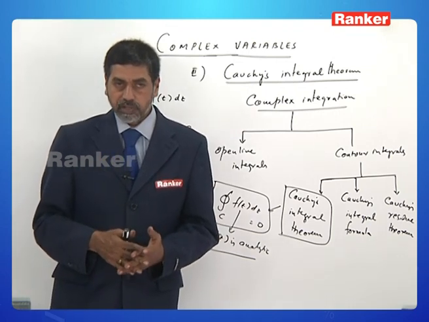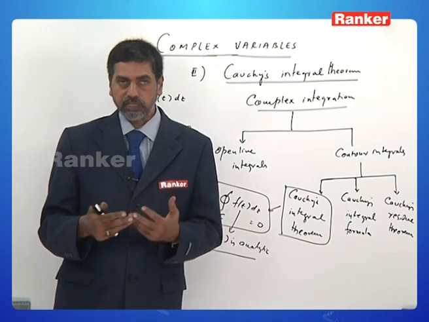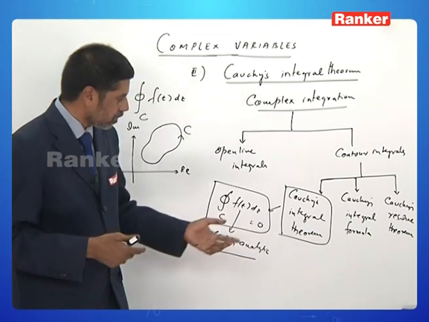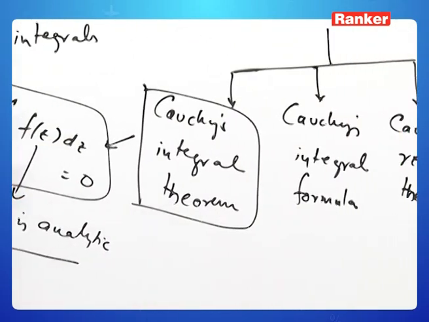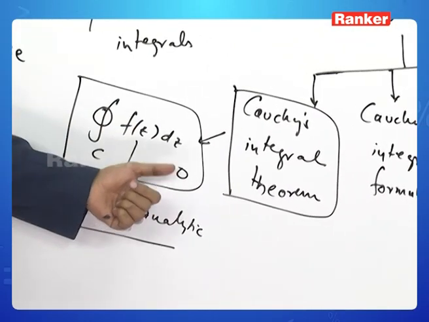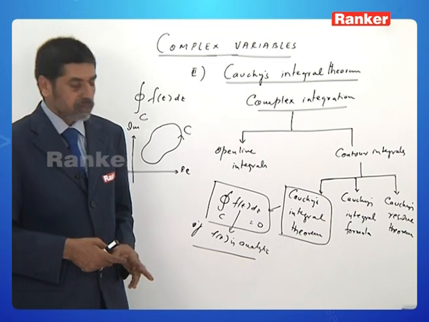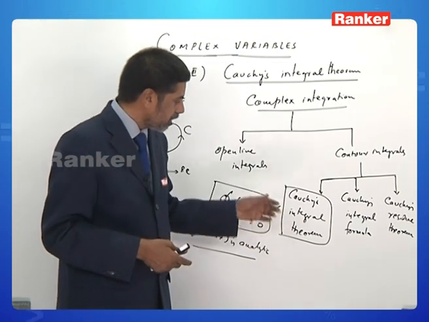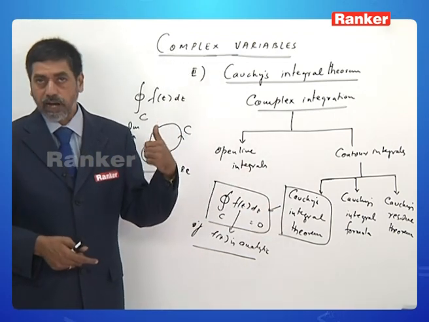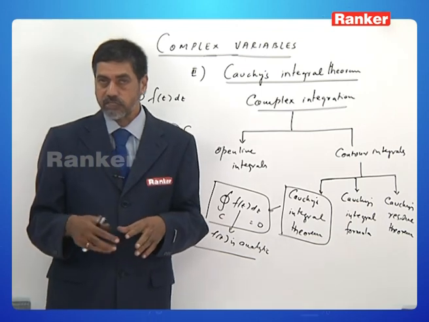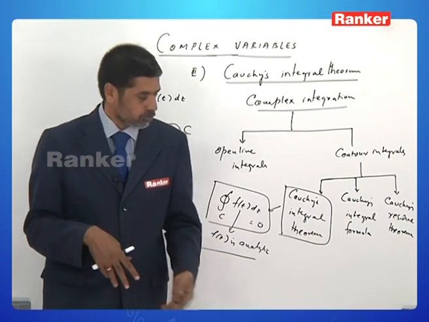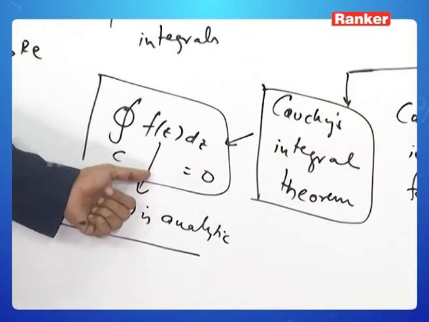So, if there exist no singularities inside the contour, then Cauchy's integral theorem says integral f of z dz will always be 0. But if you change the contour and the function has singularities within that contour, then the output cannot be 0. So, there are two cases.